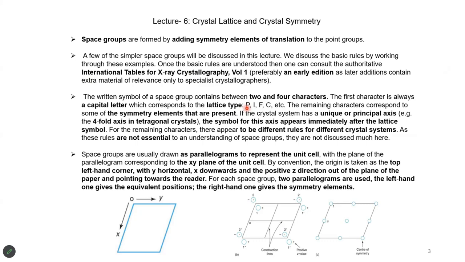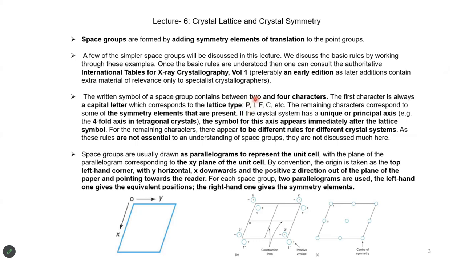In the case of the triclinic system, we know it does not have any lattices other than the primitive lattice. We do not get any non-primitive lattices in the triclinic system. That's what we discussed earlier. So this is the first character, as we said.